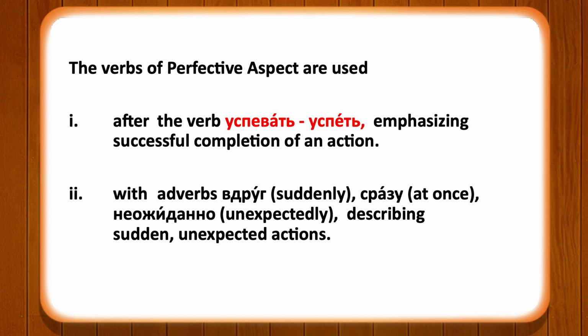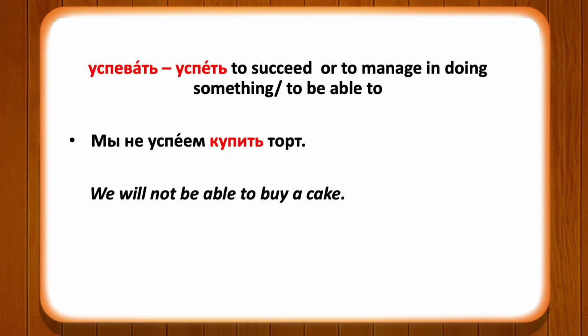So, sometimes when you use these adverbs in a sentence, then most commonly you will use the verb of the perfective aspect. Let us see the example. Мы не успеем купить торт. Успевать, успеть means to be able to or to succeed.